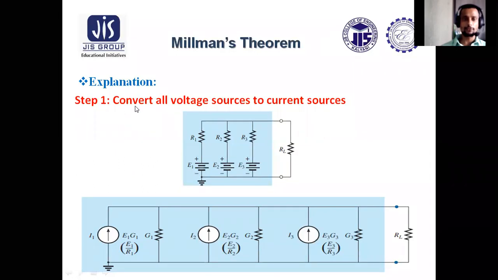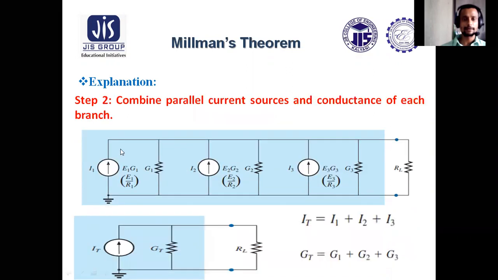Okay. So the first step was to convert all the voltage sources in terms of current sources. Second step, as I already discussed, for all these current sources I1, I2, I3, if we apply KCL at this point, I1 plus I2 plus I3 will be added together.